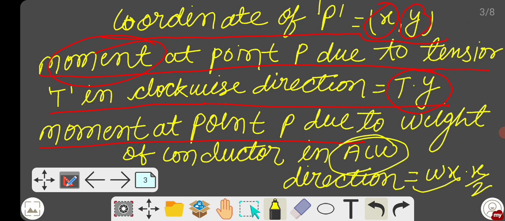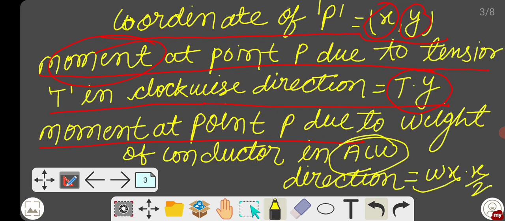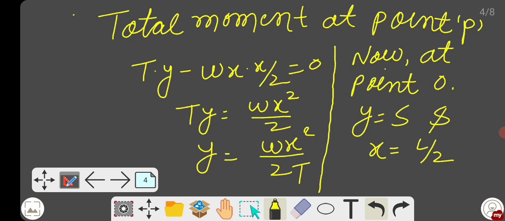Now for the calculation of sag, we have to calculate the value of total moment at point P. Here we assume the sign convention that clockwise moment is positive and anti-clockwise moment is negative.